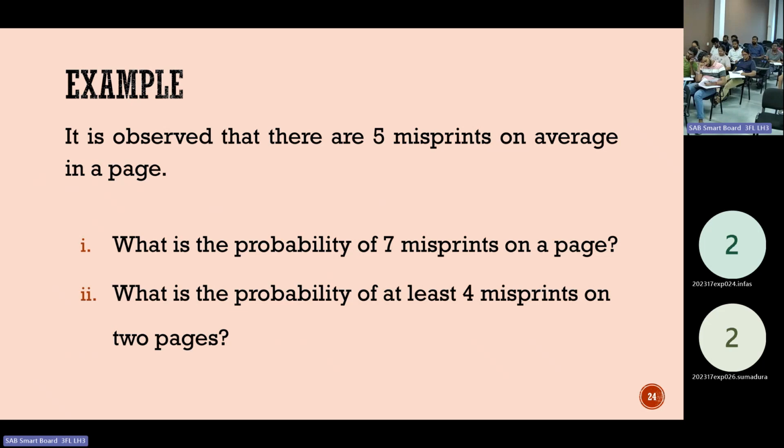For the second category, we said either number of items in a fixed volume or number of items in an area. So this is the second type, number of items in an area, on a page.